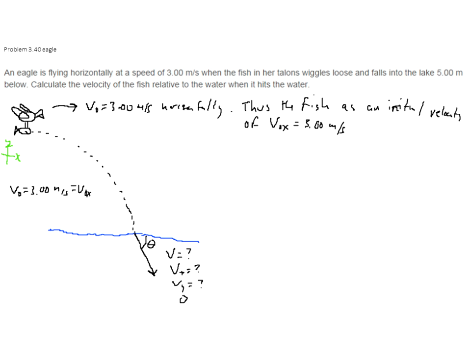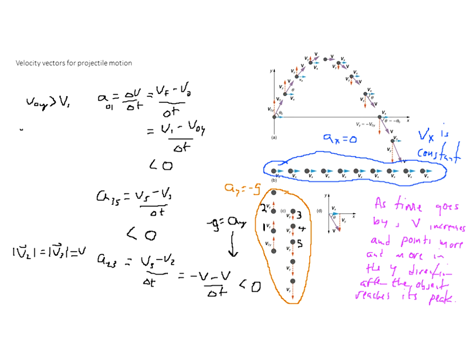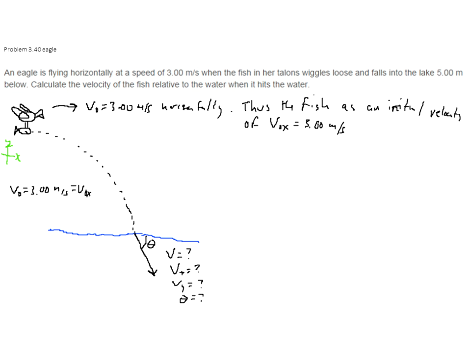We don't know what this angle is. So, is what I have there accurate so far? Things we don't know. Well, again, we said that the velocity in the x direction doesn't change. So I said we don't know Vx, but we do know Vx. That's going to be 3 meters per second.